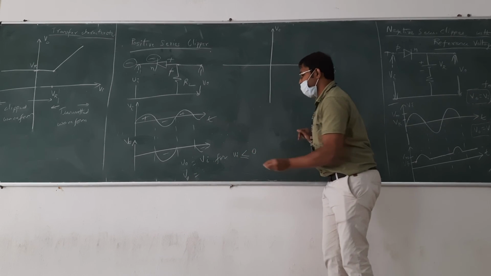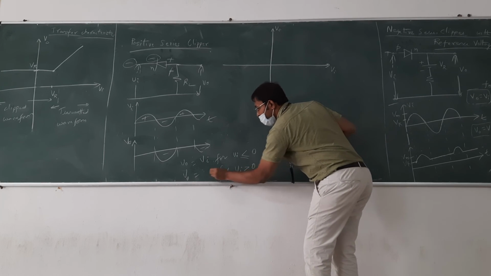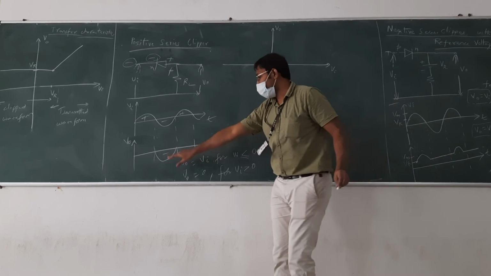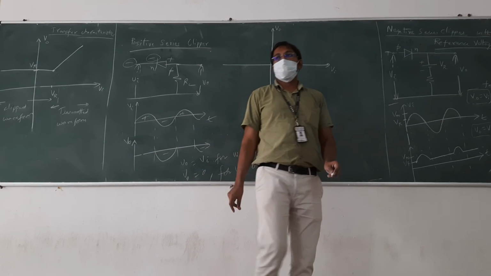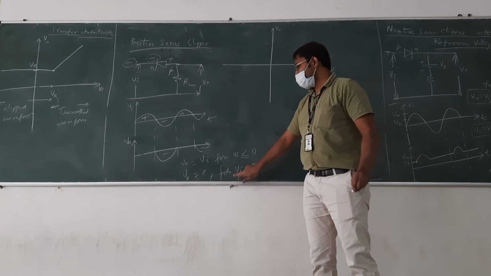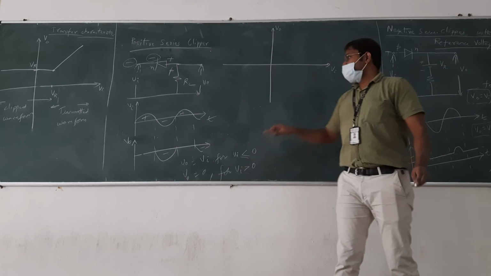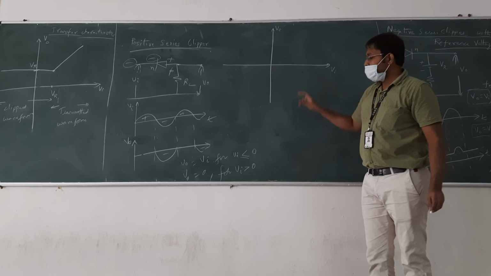How much for Vi greater than 0? 0. V0 is 0, we can see in the waveform. When Vi is positive, meaning greater than 0, V0 is 0. So based on this, we are writing the equations. Using the equations, we will draw the transfer characteristics, right?